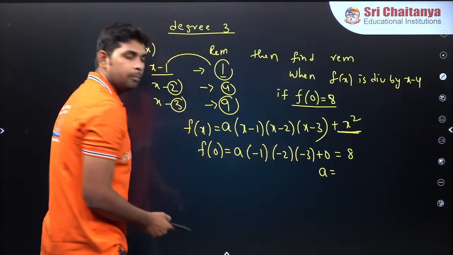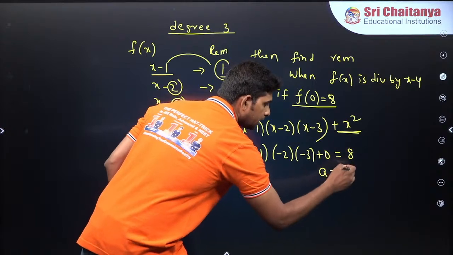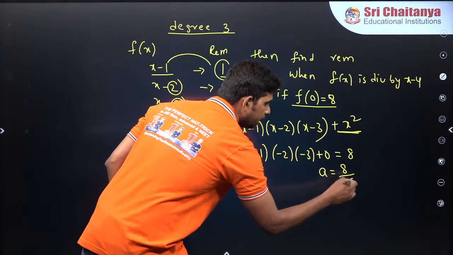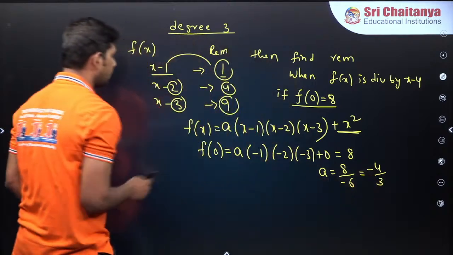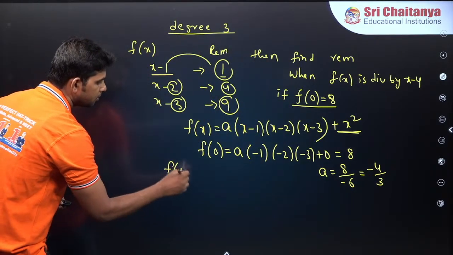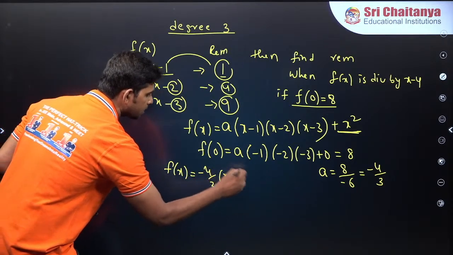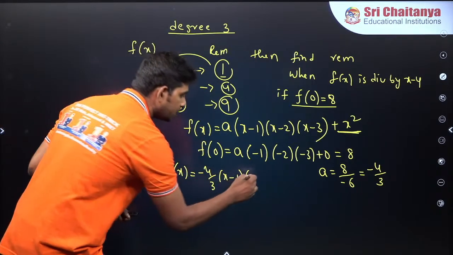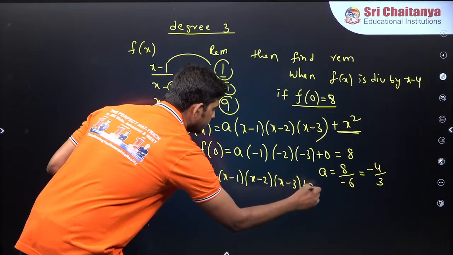Minus into minus into minus gives minus 6a, and on the right side 8 by minus 6 gives a equals minus 4 by 3. Now f of x equals minus 4 by 3 times x minus 1, x minus 2, x minus 3, and the last part x square.